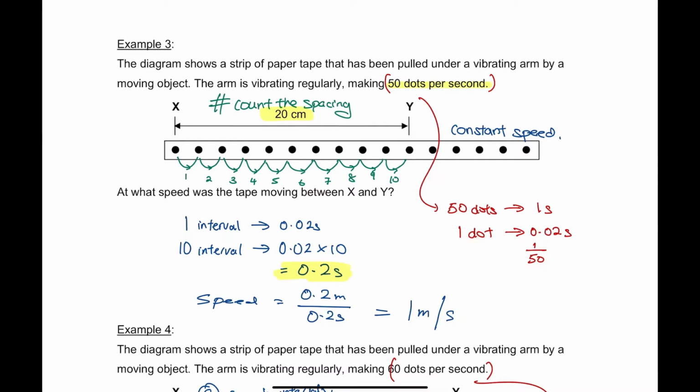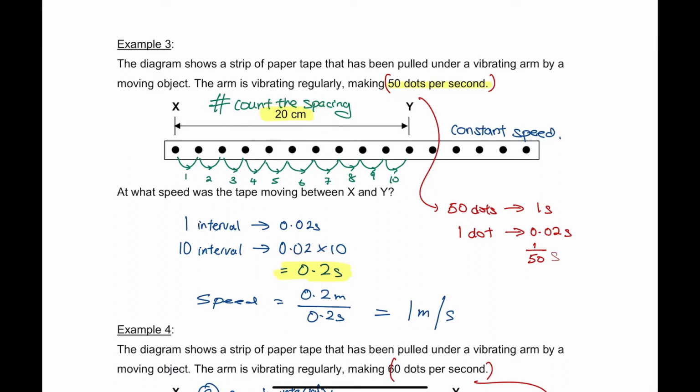So we need to count the number of dots: 1, 2, 3, 4, 5, 6, 7, 8, 9, 10. There are 10 dots in total. So 10 dots means there are 10 intervals, and one interval is 0.02 seconds. You have 10 intervals, so the total time taken to travel 20 cm is 0.2 seconds.